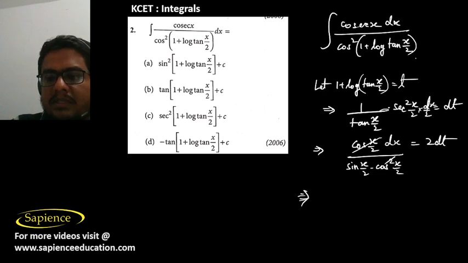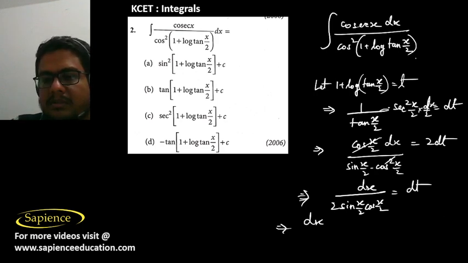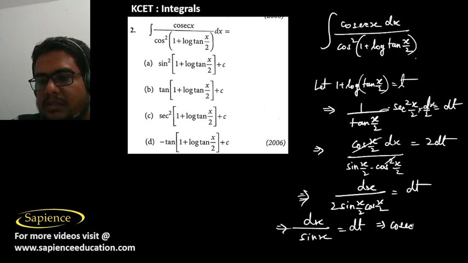So this will be dx by 2 sin x by 2 into cos x by 2, that is equal to dt. So dx by sin x, since 2 sin x by 2 cos x by 2 is sin x, is equal to dt. So therefore cosec x dx is equal to dt.